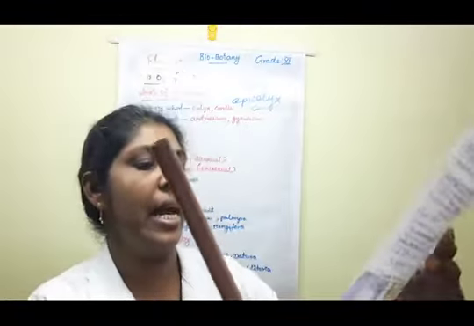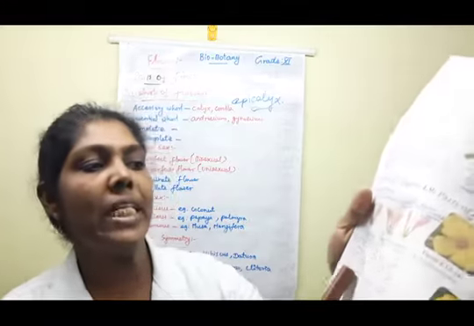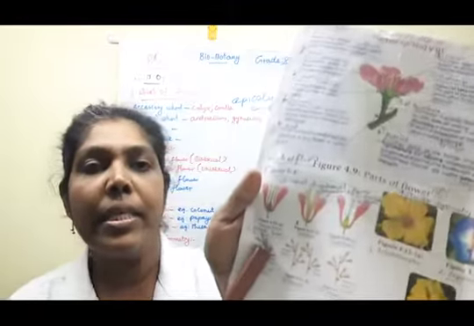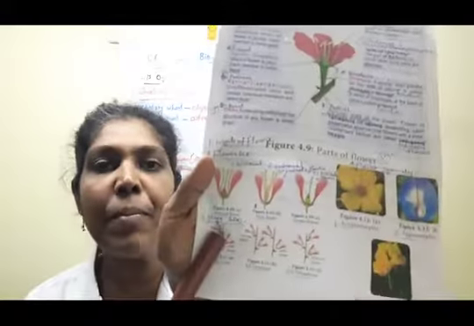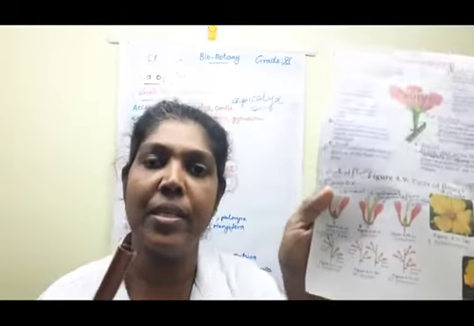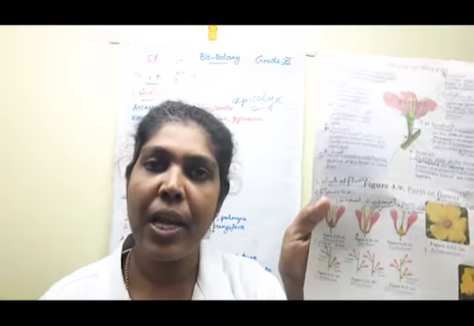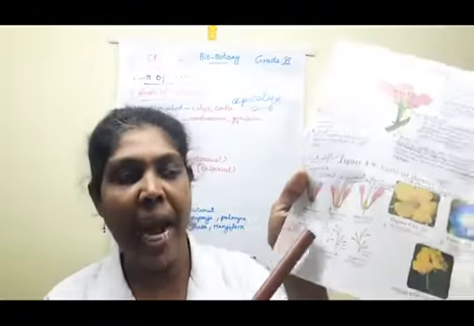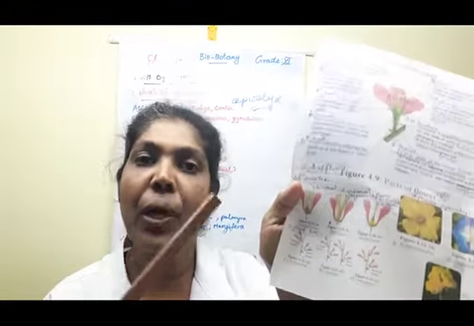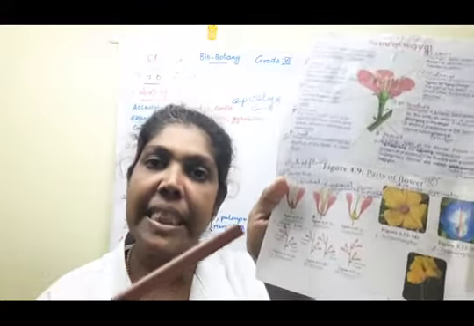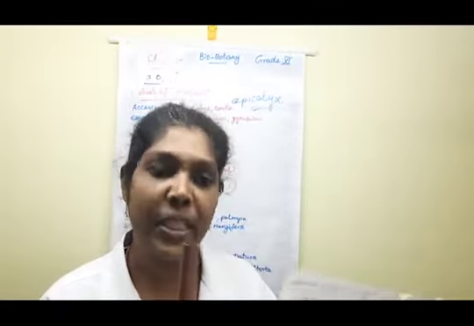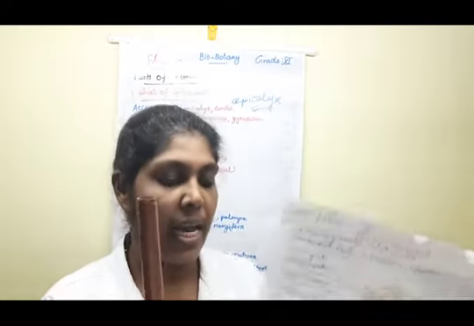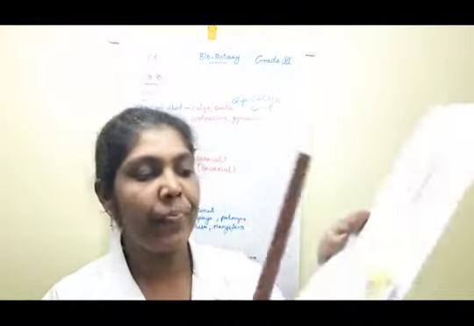All of you see this diagram. In monoecious, the androecium representing the reproductive part and the gynoecium representing the reproductive part are both present in the same plant. Can you catch this point? Yes, very good. Androecium and gynoecium flowers both present in the same plant is known as monoecious. Clear, children? Yes.